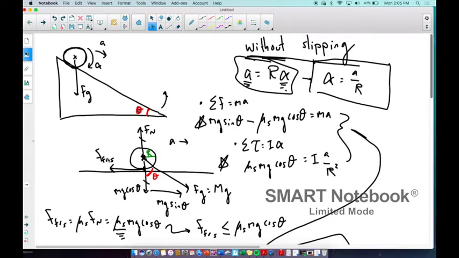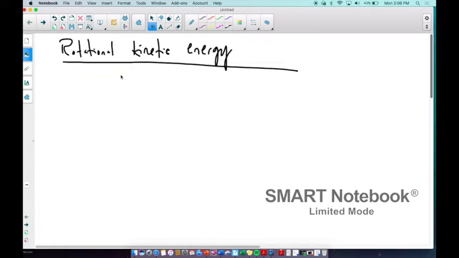So I want to show you now something we've not talked about, a new concept, which is rotational kinetic energy. Pretty simple and straightforward. In fact, I think I did mention this just briefly at the very beginning of me talking to you about rotational inertia.